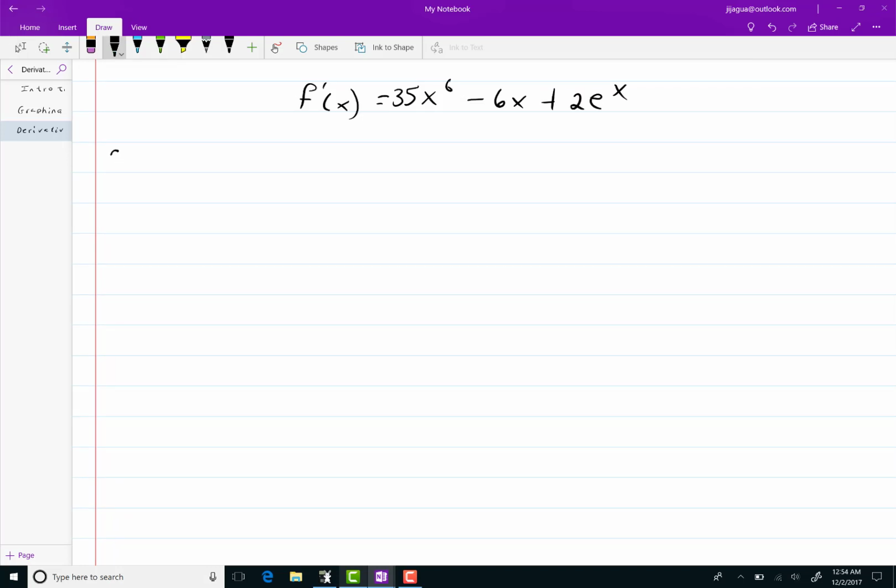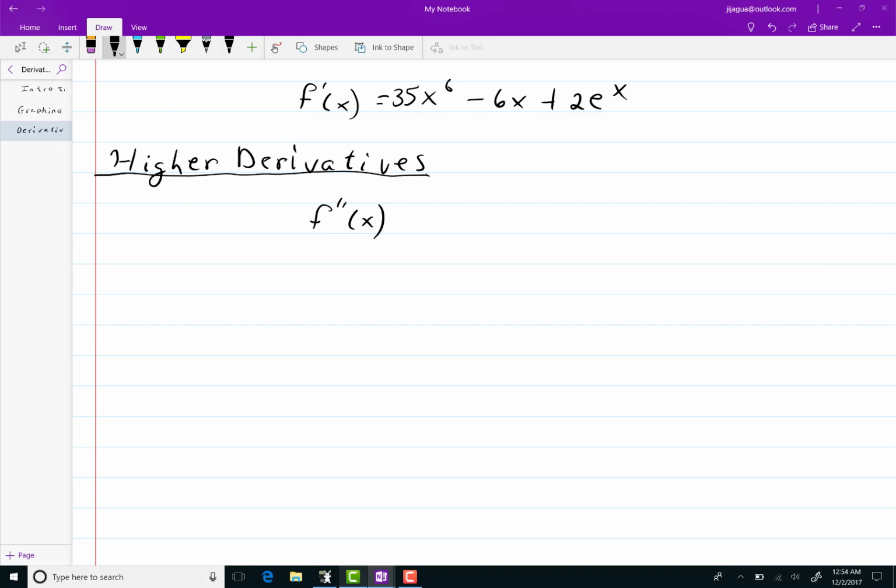Higher derivatives. You may see something like this. There's two primes. It's f, what they call f double prime or f prime prime of x.